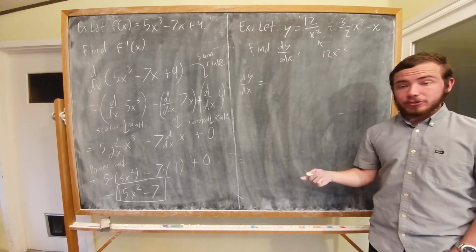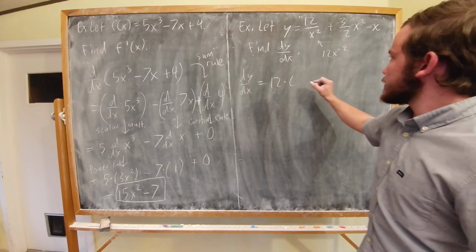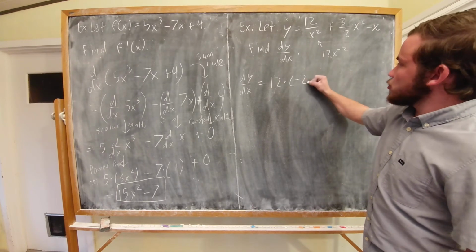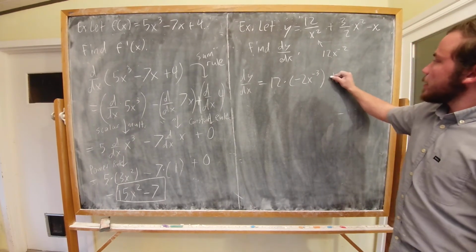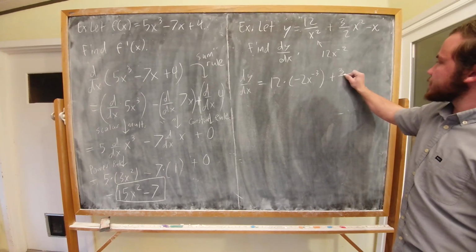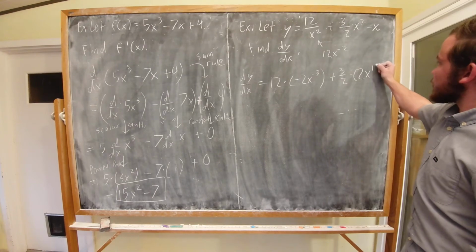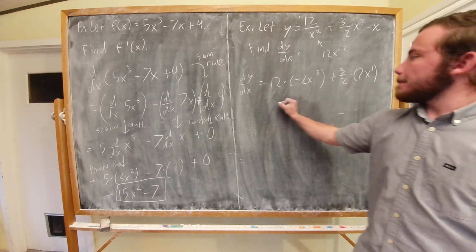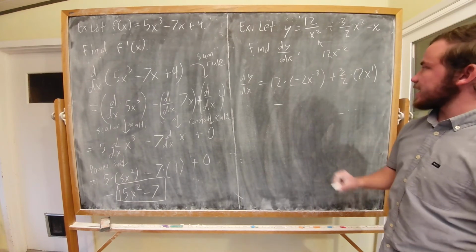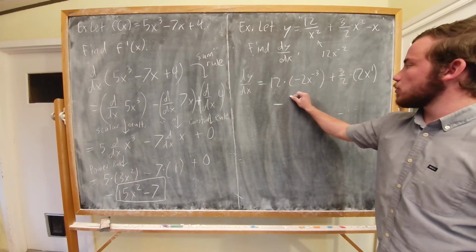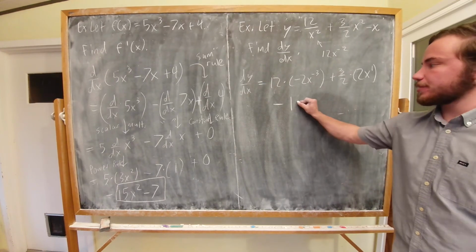Applying all of our rules at once, this will be 12 times negative 2x to the negative 3 plus 3 halves times 2x to the first minus the derivative with respect to x of x is just 1, right? Aka 1 times x to the 0.